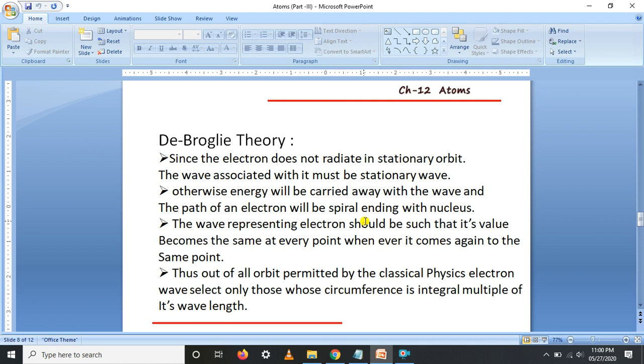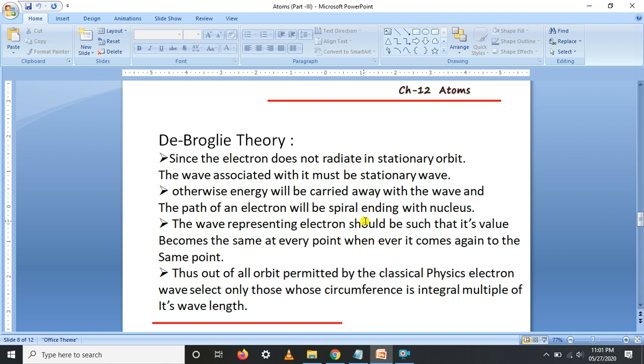Means what? Whenever the circular orbit is fixed, every time the radius of that circular orbit will not decrease, but the orbit will be like a wave, and the resultant of that path is always equal to the fixed circular orbit path.